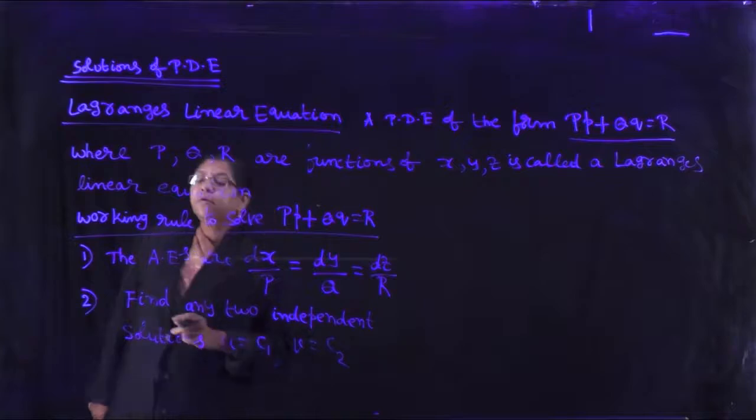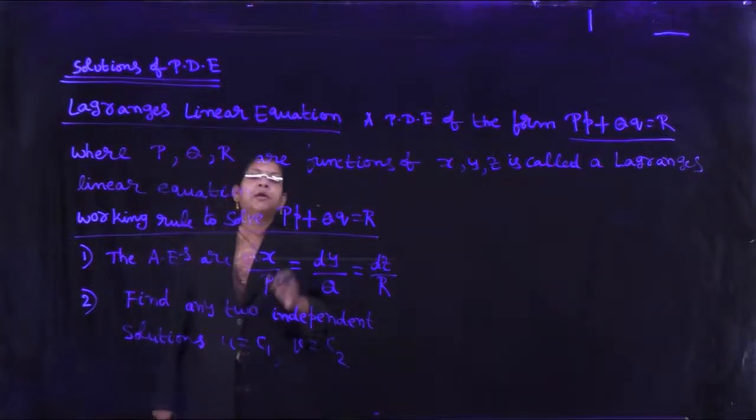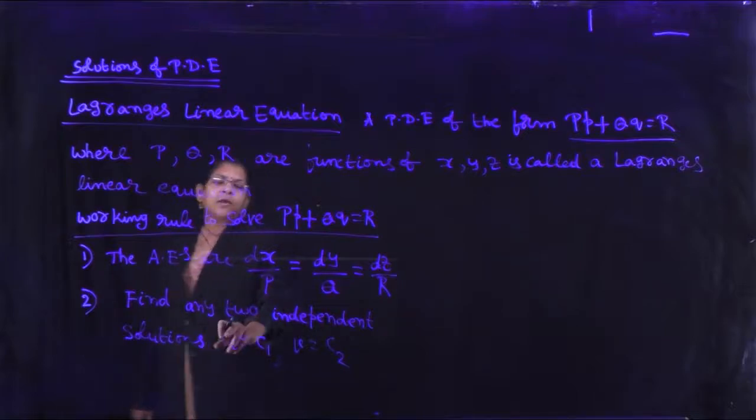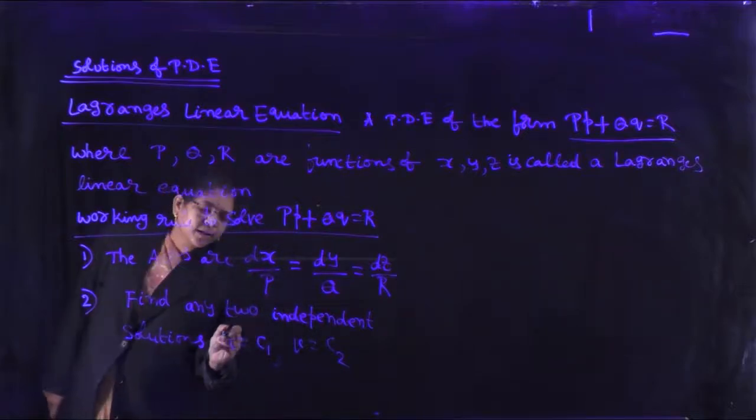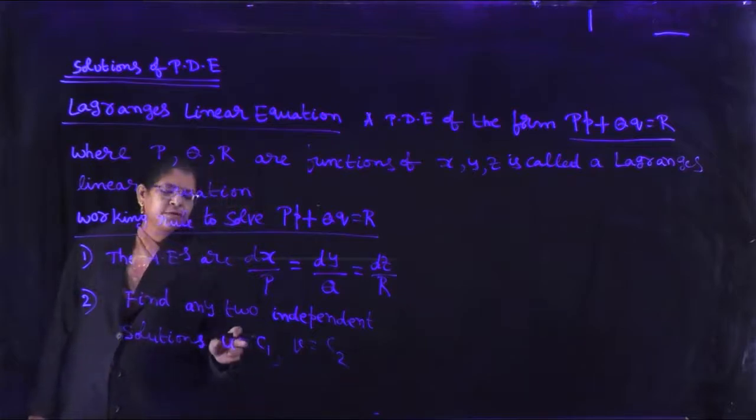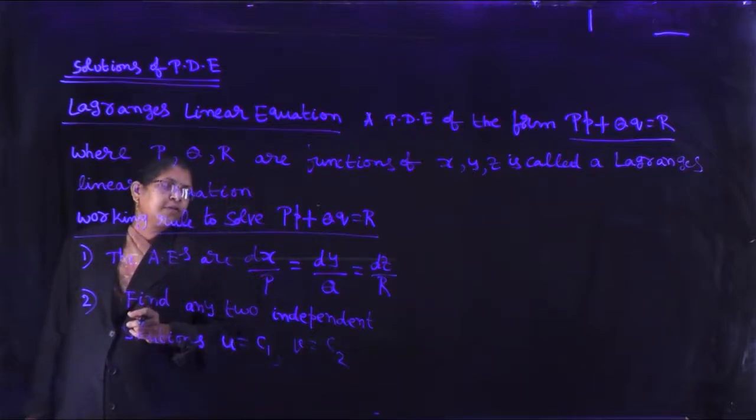So in the second step, using dx by P equal to dy by Q equal to dz by R, we have to find two independent solutions. What are they? u equal to c1 and v equal to c2. What are the two independent solutions? u equal to c1 and v equal to c2.